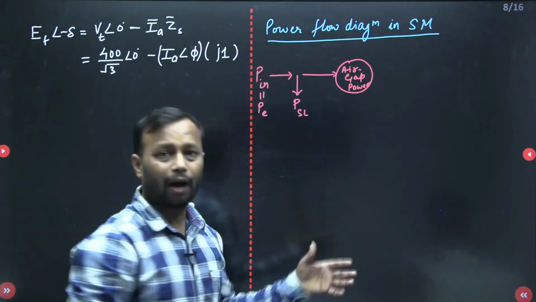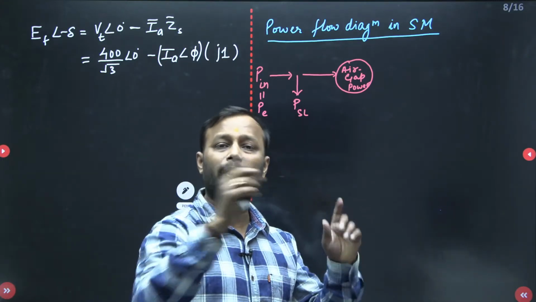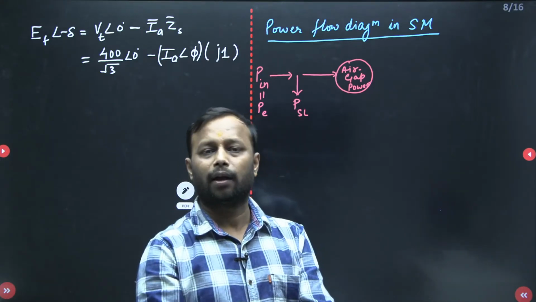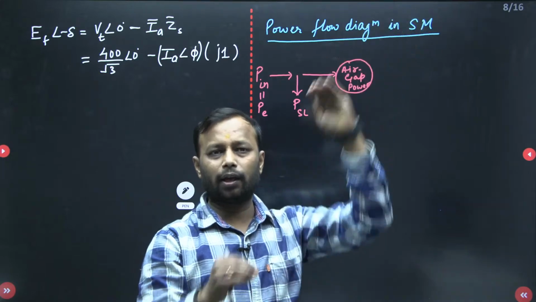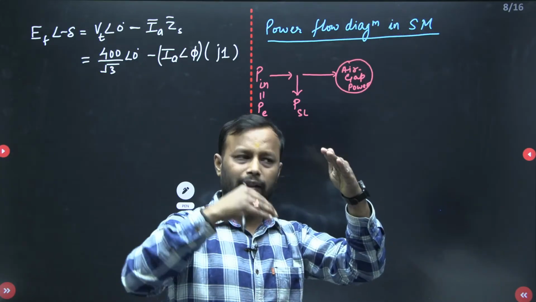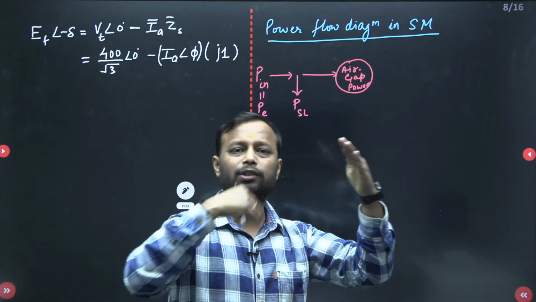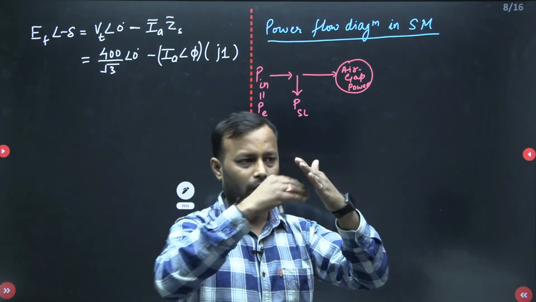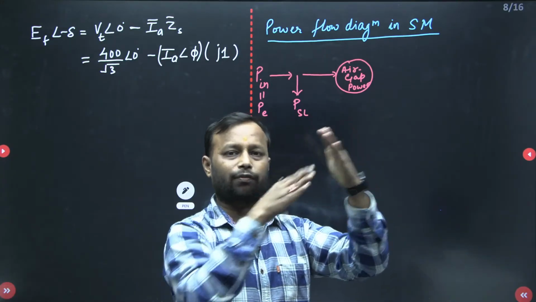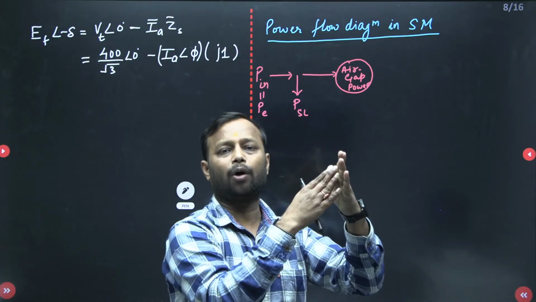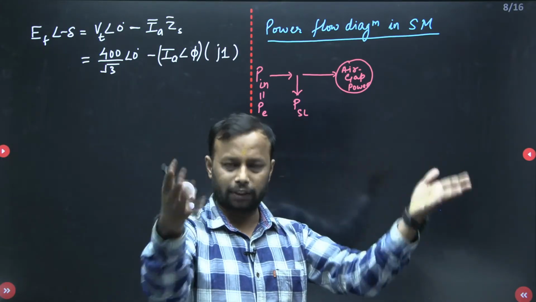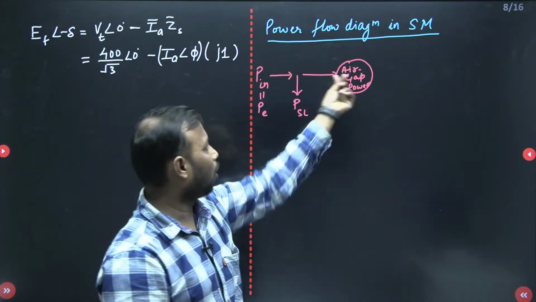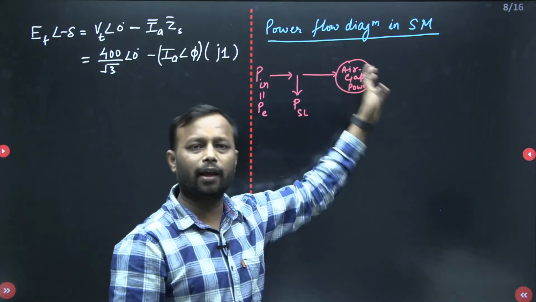The power which is getting converted from electrical to mechanical is known as air gap power. There is a gap between the stator and rotor such that the rotor can rotate freely. The power transferring through the gap, which is air, is therefore called air gap power.